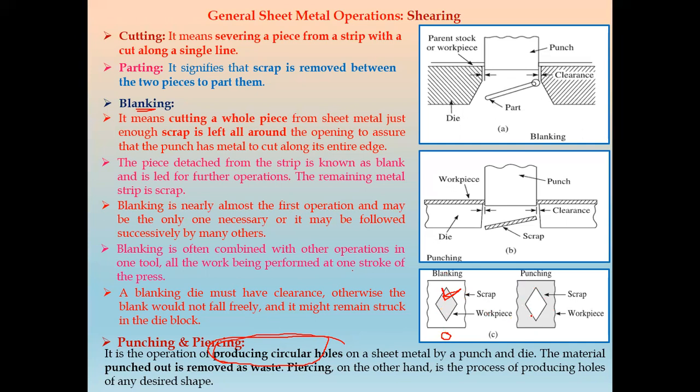That is nothing but called a punching part. In the case of punching or piercing, the circular hole is also made in punching, but we can have a punching and piercing part. So these are two different things. In punching, it produces only a circular shape, but in piercing, it produces shapes other than circular. That is called piercing.